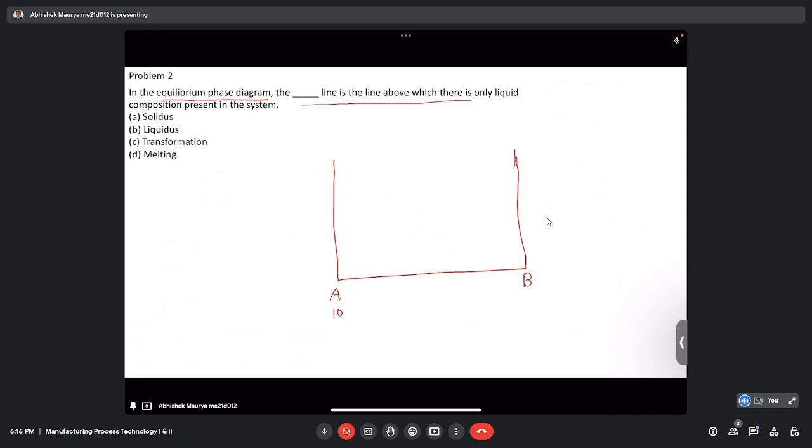Here we have 100% A. Here we have 100% B, and on the y-axis we have temperature. If we draw the phase diagram, we will get something like this.